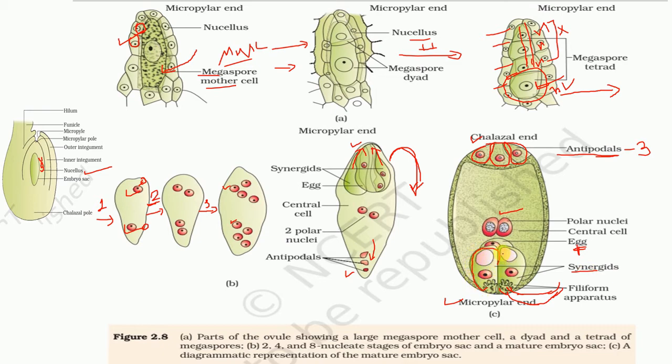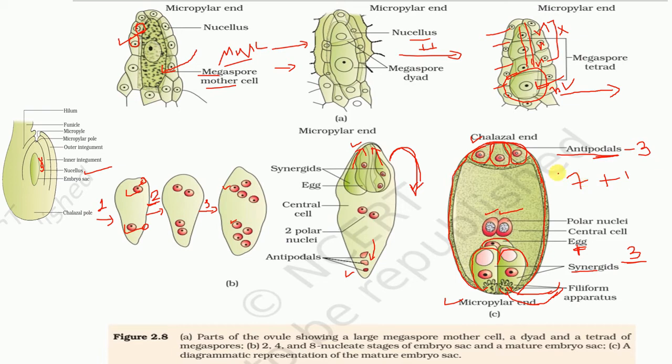The egg apparatus also has 3 cells. This is 1, this is second, and this is the egg cell, right? So the egg apparatus has a total of 3 cells, and there is no cell wall surrounding the polar nuclei, and this is one wall, or one cell. So how many cells are there? You can count. This is 3 and this is 3, and this one means 1. So in total we have 7 cells, right?